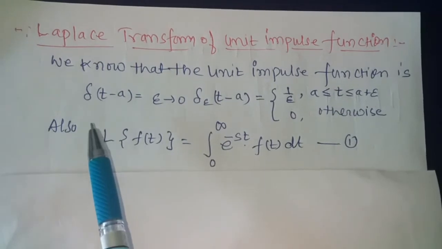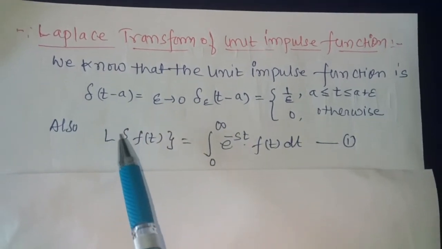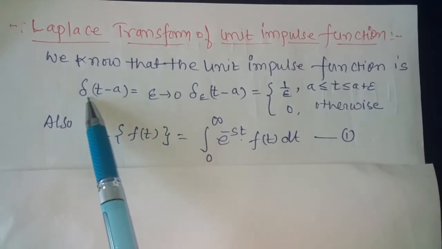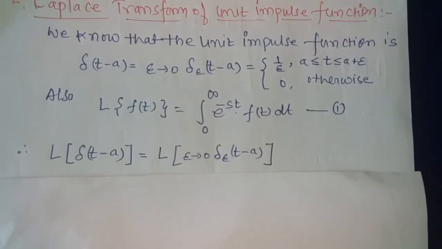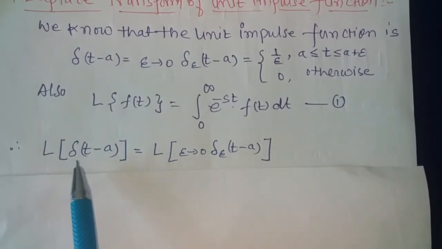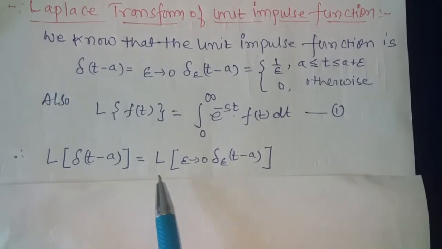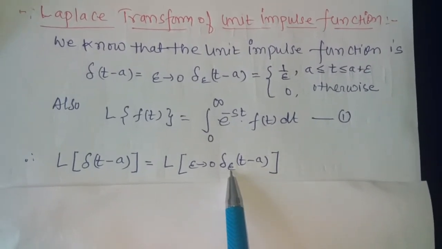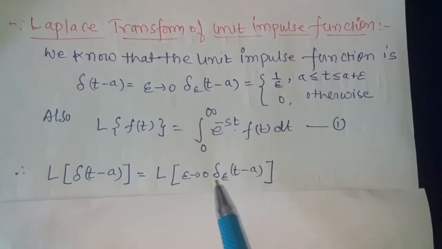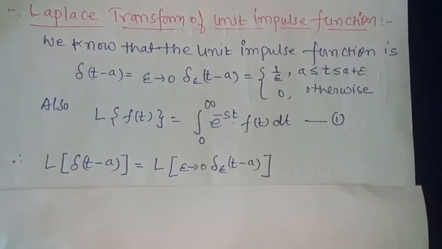Now, as we have to find the Laplace transform of the delta function, in place of f(t) we write delta, and we get the Laplace transform of the unit impulse function delta, which is equal to the Laplace transform of the limit as epsilon tends to 0 of the delta epsilon function, as the delta function is the limiting case of the delta epsilon function.